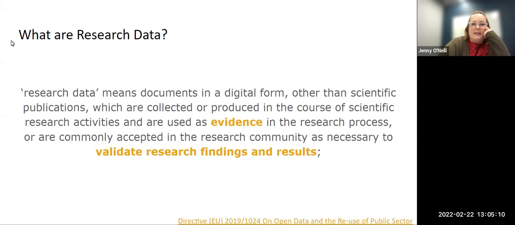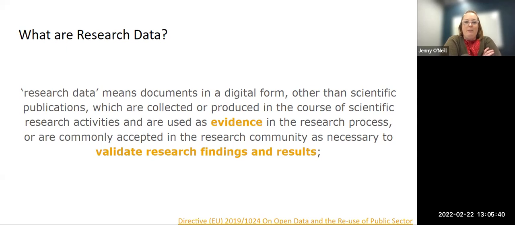So I'm going to start with a couple of definitions just to help us think about the research and the data that we're collecting. So this is a definition that I quite like. So it says research data means documents in a digital form other than scientific publications, which are collected or produced in the course of scientific research activities and are used as evidence in the research process or commonly accepted in the research community as necessary to validate research findings and results.